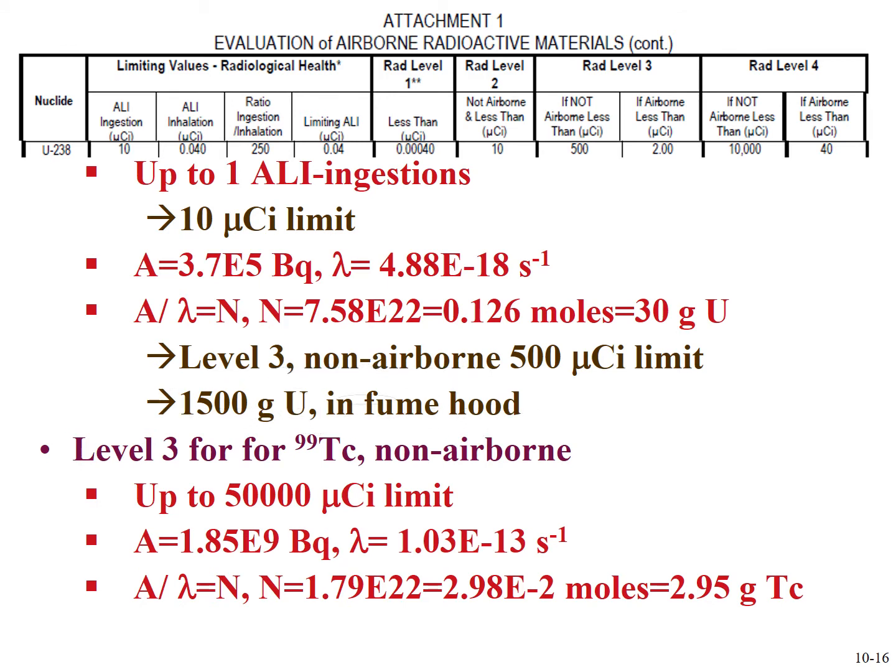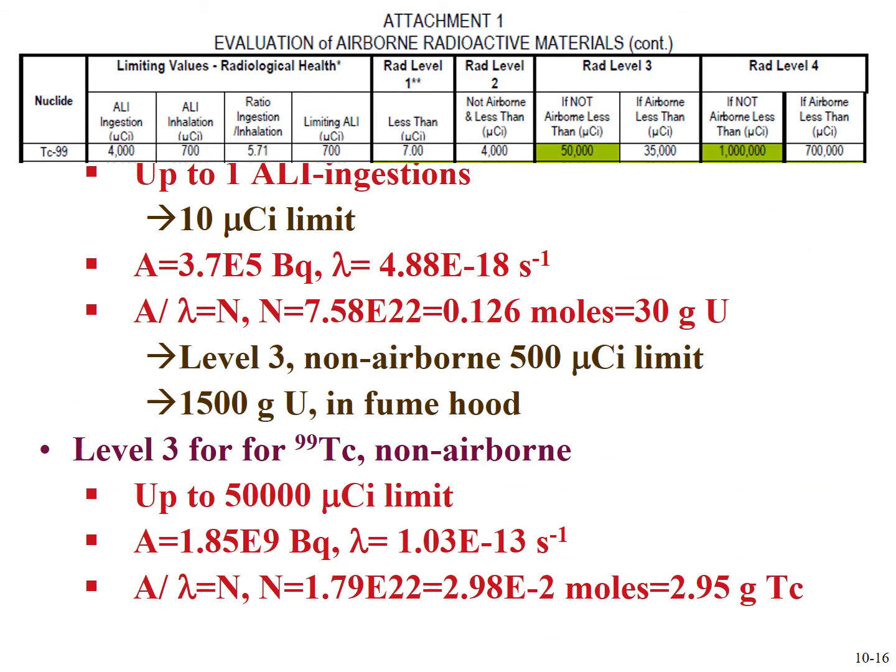We can perform the same sort of calculation for technetium. Here's the data for technetium-99. Let's say what's the value for a level 3 technetium experiment, non-airborne. I look at my table. I see that the value is 50,000 microcuries. And if you look at the data, it's either going to be the limit based upon the ALI or up to 50,000.